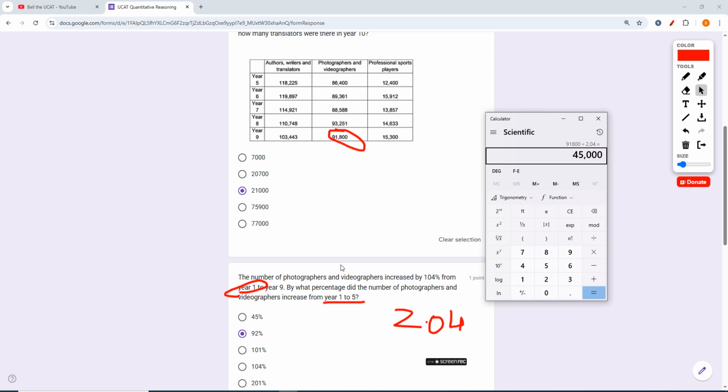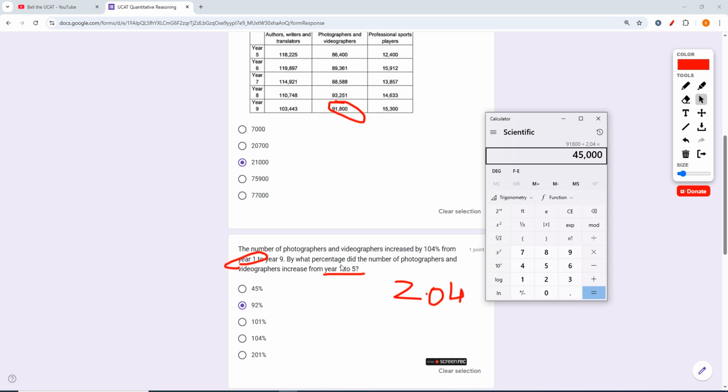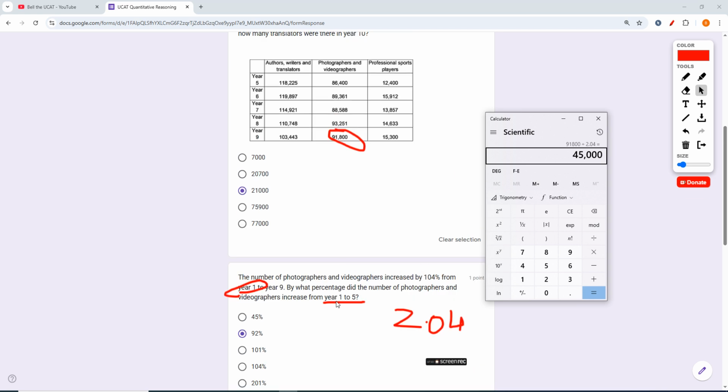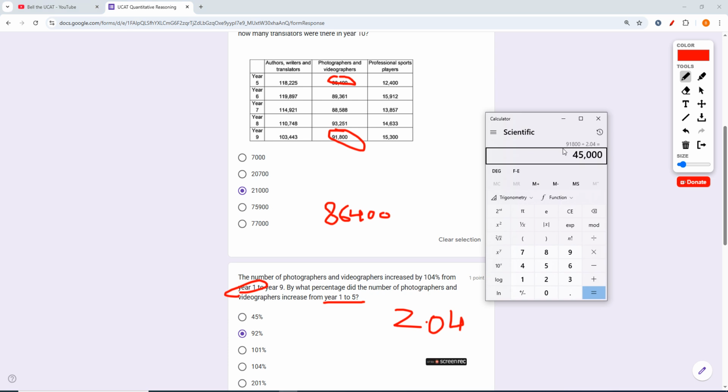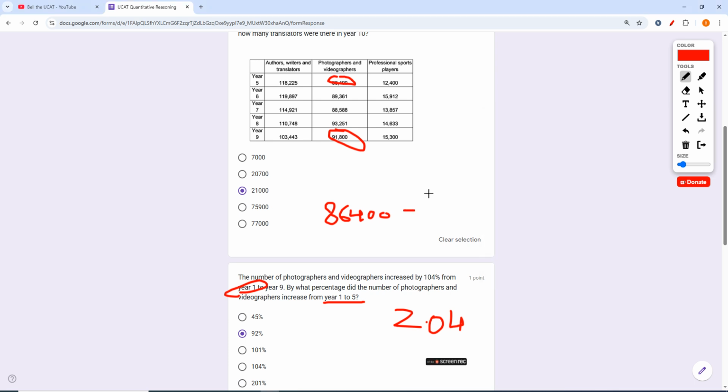Watch the way now. This is how much the percentage increase is. Ideally people would have done 86,400, which is the value in year 5, minus 45,000.